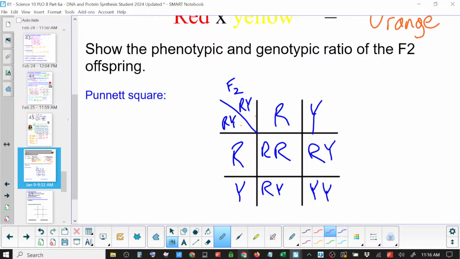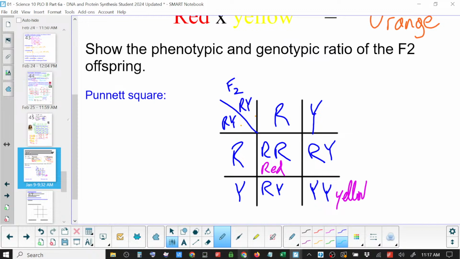Anyway, what color is this? Timmy, what color is this? No, not the literal color. What color does RR stand for? Red. And what color is this? Yellow. So what is the in between? RY. Nope.